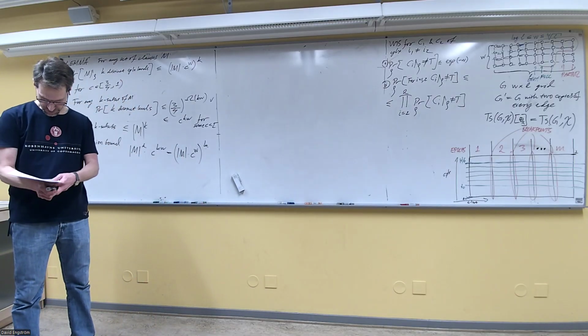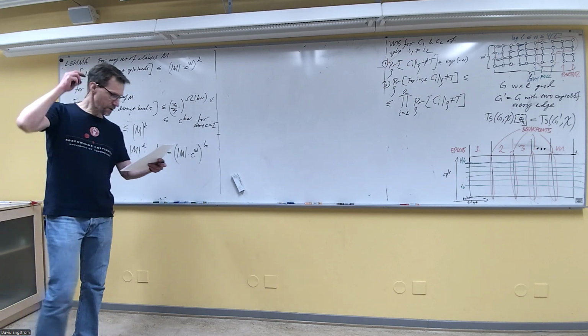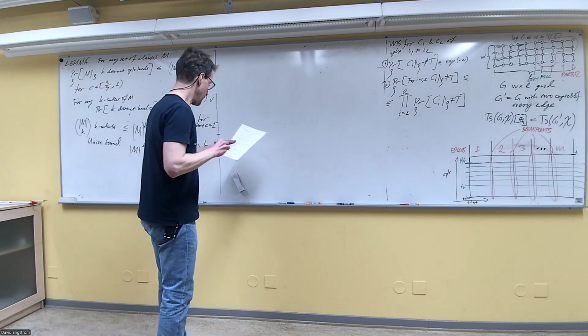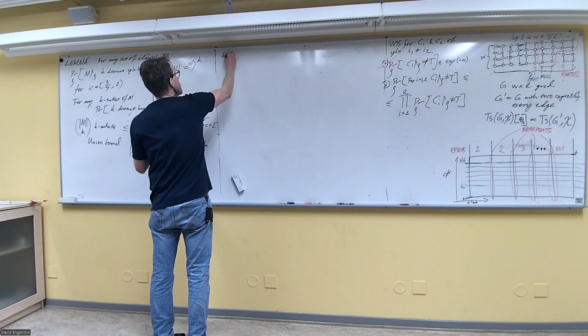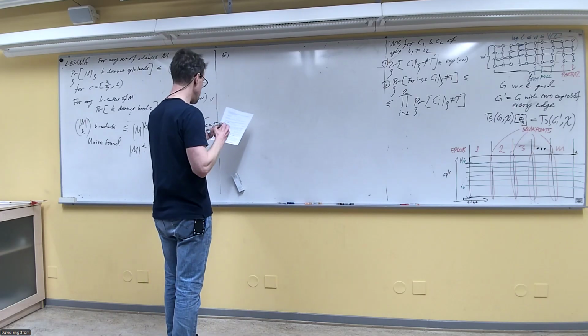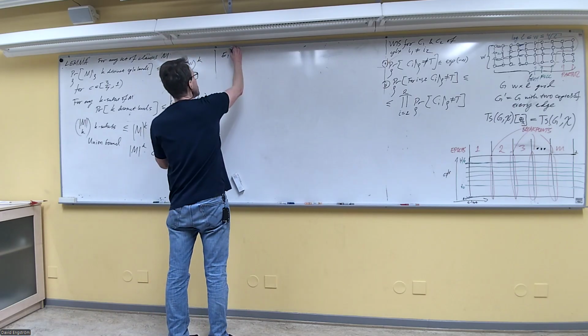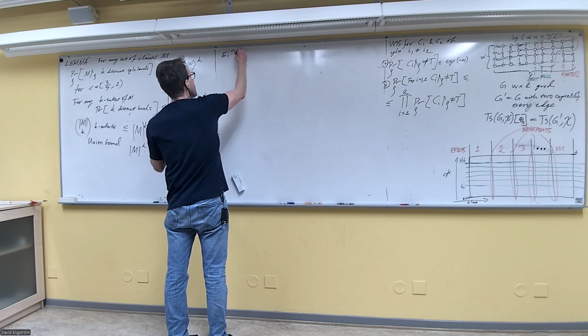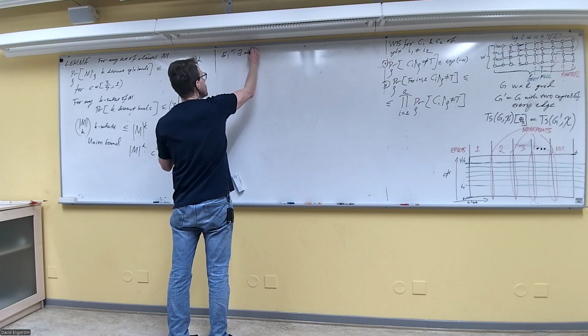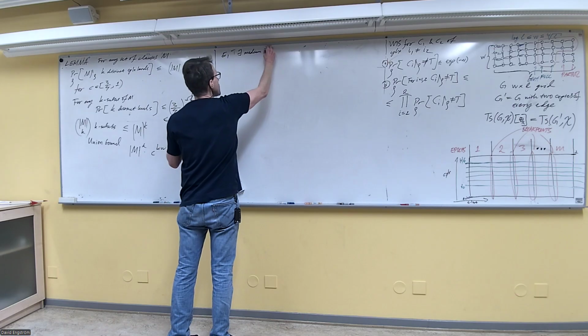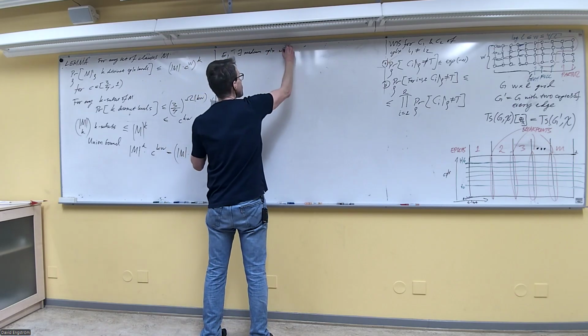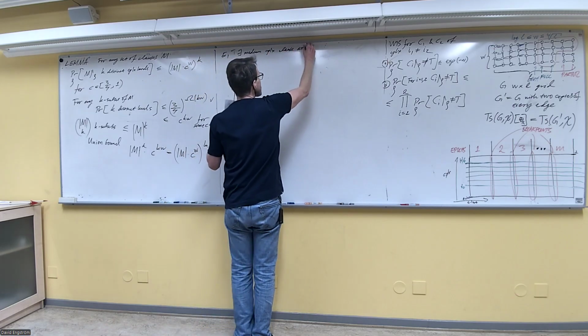Okay, let's see if we can get this to work. So we have two events. Event E1 is: there exists a medium complexity clause at some breakpoint.